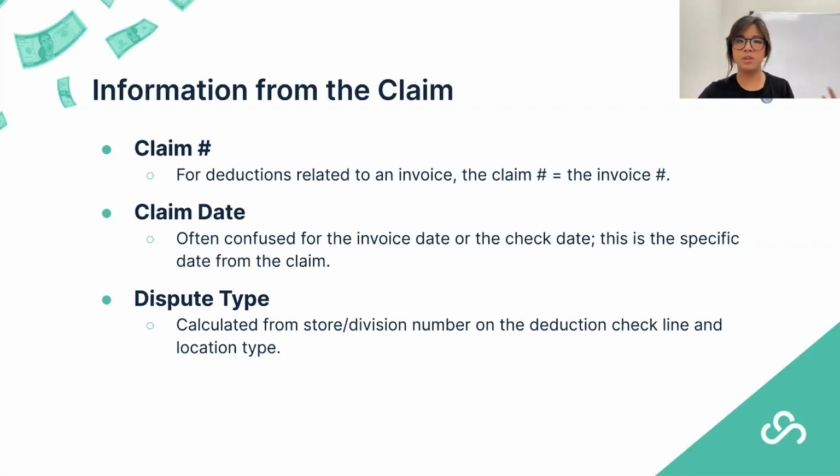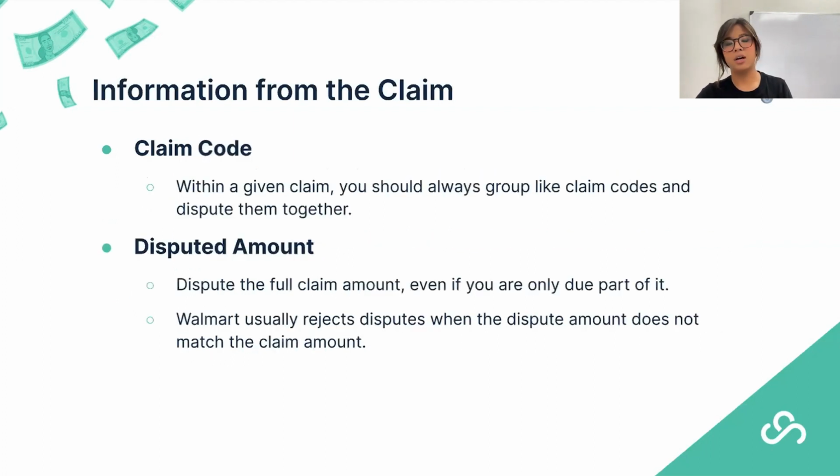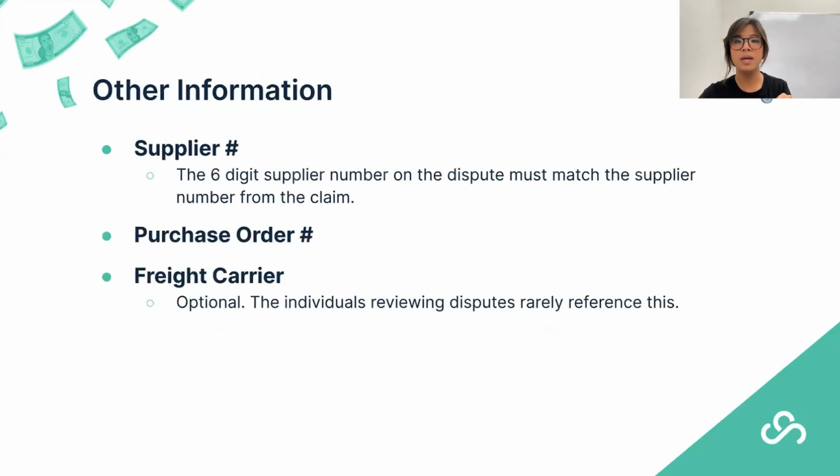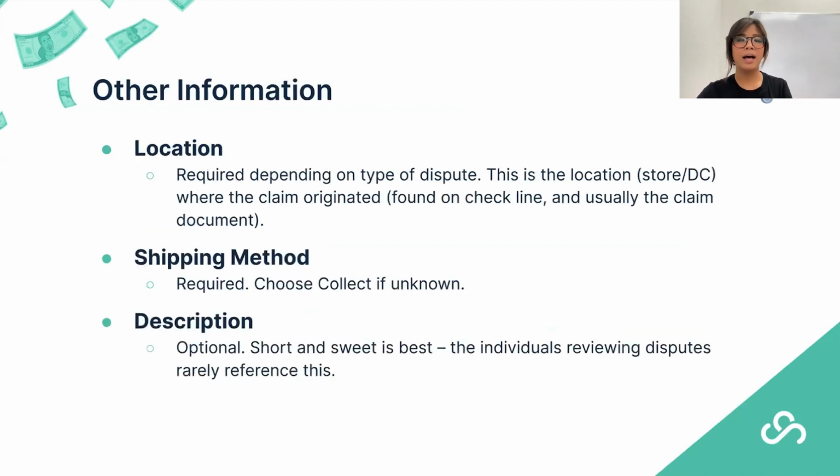Is it store level? Is it warehouse level? Your claim code. Is it a shortage code, a pricing code, a returns code? Your disputed amount, how much are you actually trying to go after? Is it a partially invalid claim? Is it a completely invalid claim? And then other things like your supplier number, purchase number, freight carrier, and things like that.